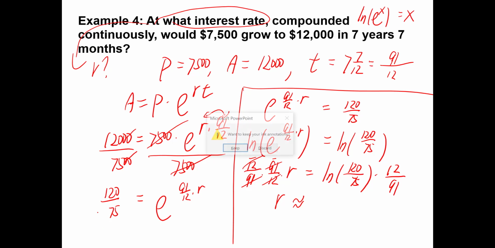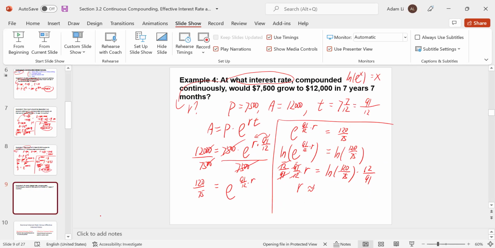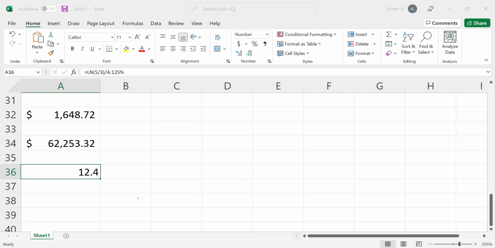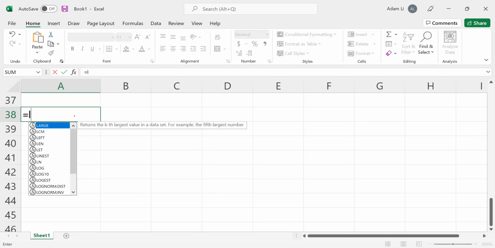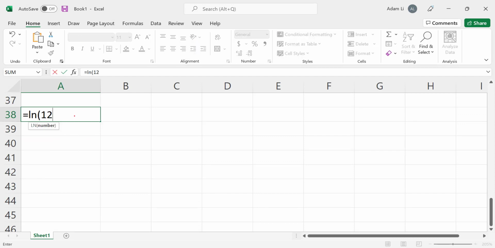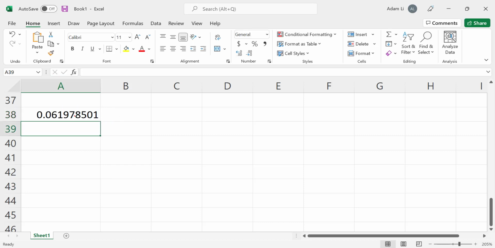Let's see what that is. Ln of 120 over 75, and multiply by 12 over 91. And that should do it. We should get a result right here.